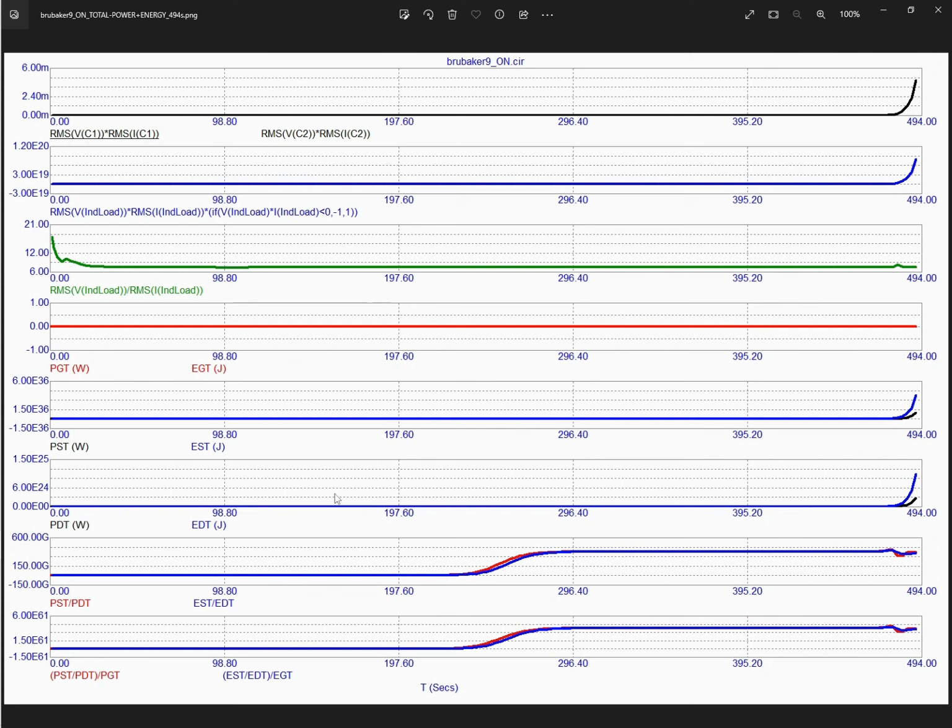Now, the dissipation in the diodes and resistors was less than what's being stored in the capacitors and coils by this factor. So that's why I did this relationship here of PST divided by PDT. But the PDT, the energy, the joules dissipated is e to the 25 by comparison to what was being stored, e to the 36.